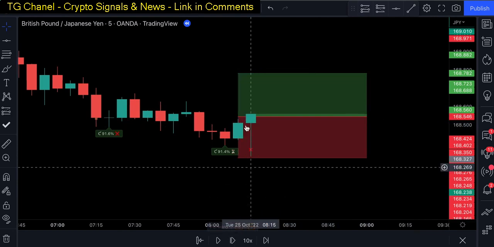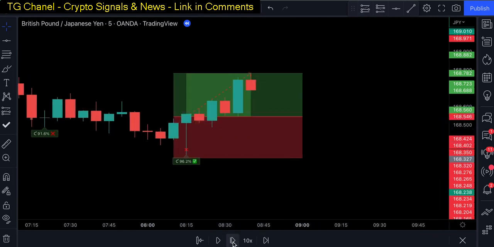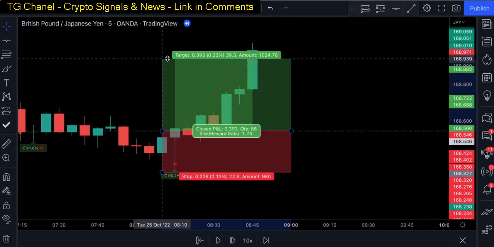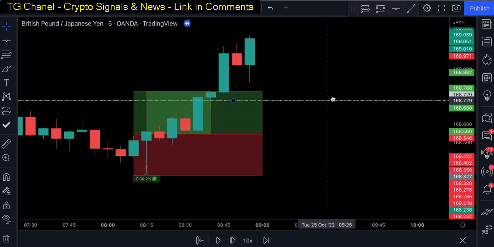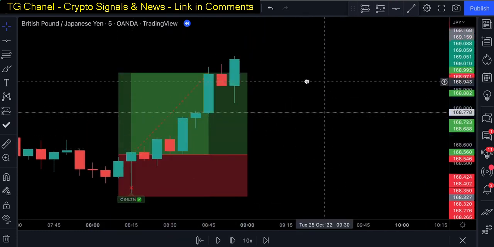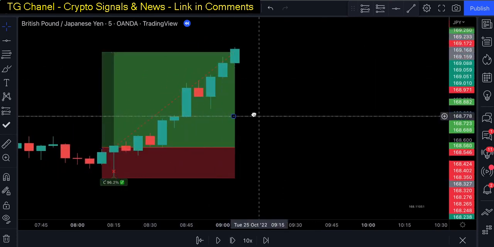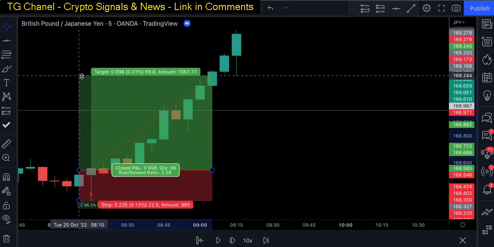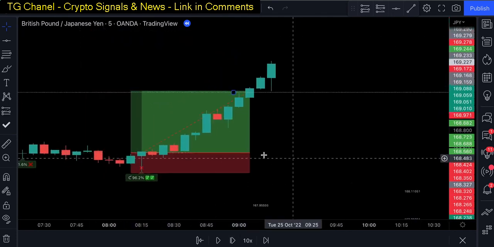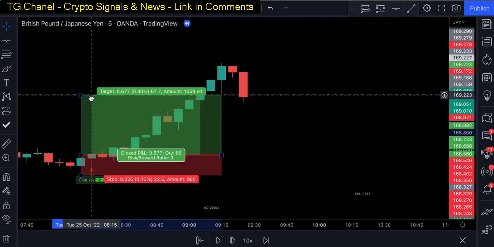We see the market triggered our order at the very next candlestick, and now we're officially in a trade. Okay, the stop loss got triggered and the profit on this trade was 3 times the risk.